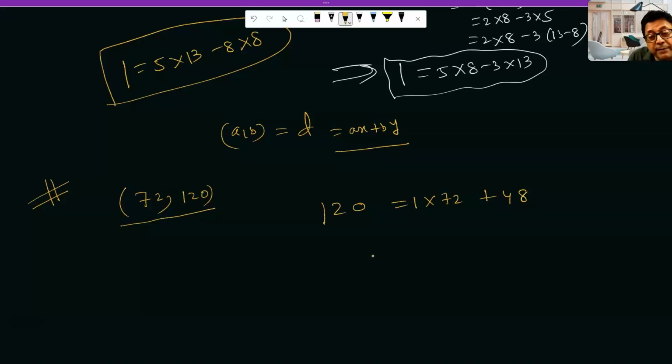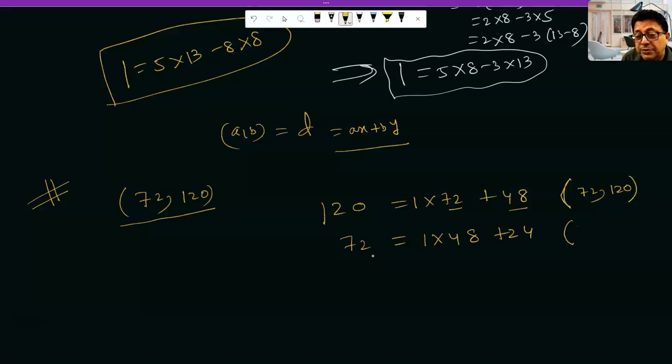Now you are dividing by 72. So you will put your mind on these two numbers. 72 is 1 into 48 plus 24. So initially it was GCD of 72, 120.